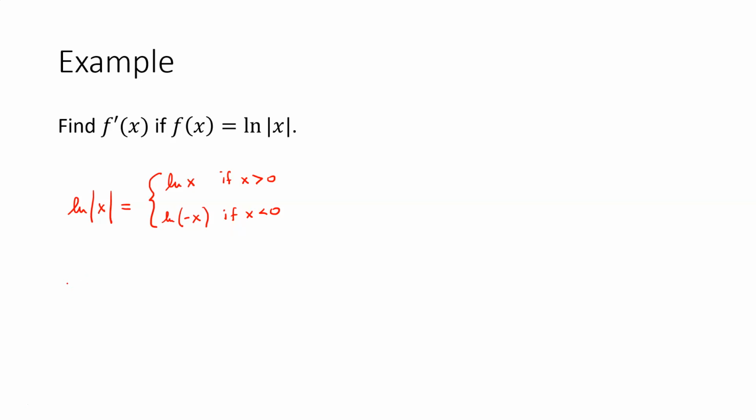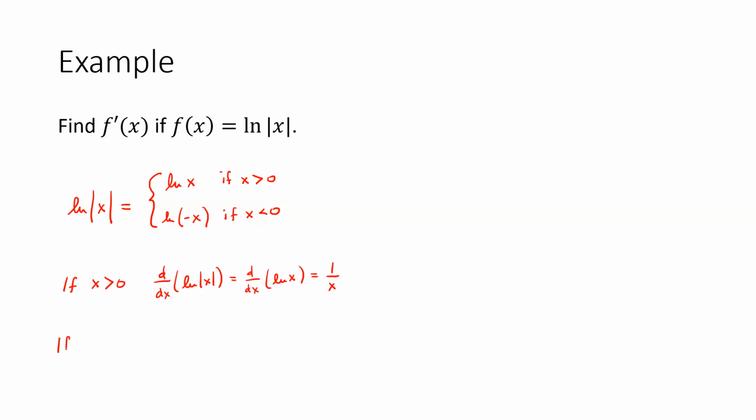In the case when x is greater than 0, then the derivative of ln of the absolute value of x is equal to the derivative of ln of x without the absolute values. And so this would just be 1 over x, like we know.